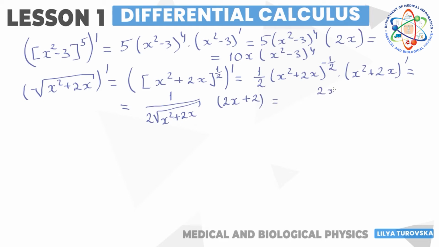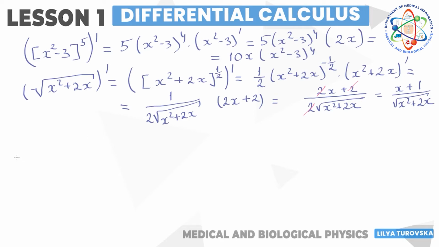Or we can write it like 2x plus 2 divided by 2 square root of x squared plus 2x. And we can simply cancel 2, and we get x plus 1 divided by the root of x squared plus 2x.